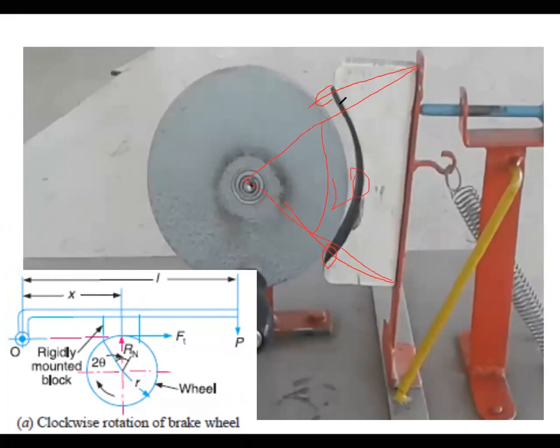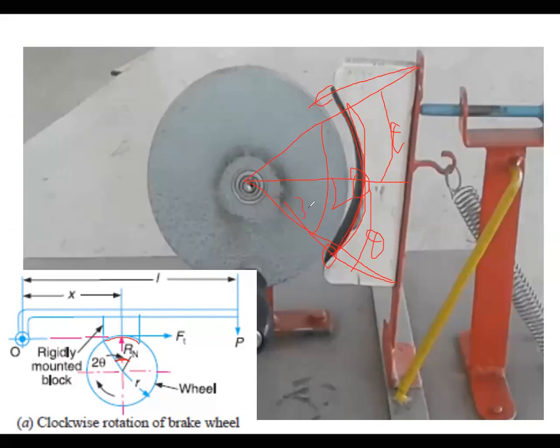The total angle of contact is 2 theta. Why is it 2 theta? This is one angle of theta and this is another angle of theta. Both are added here, giving 2 theta, right?